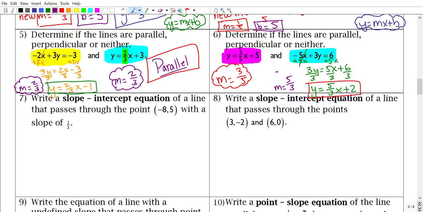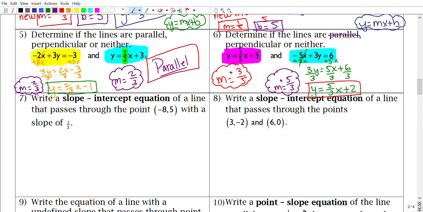Now we can tell right away that those are definitely not the same. So they are definitely not parallel. And they are reciprocals of one another, so it looks like they might be perpendicular. However, aren't they both positive here? There's no symbol here, so this definitely is a positive.